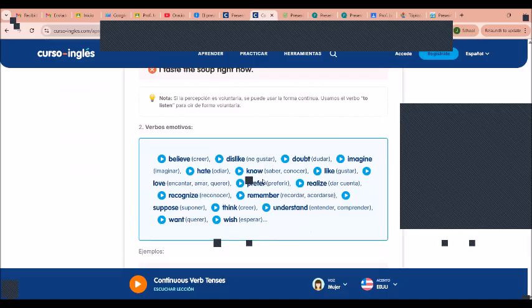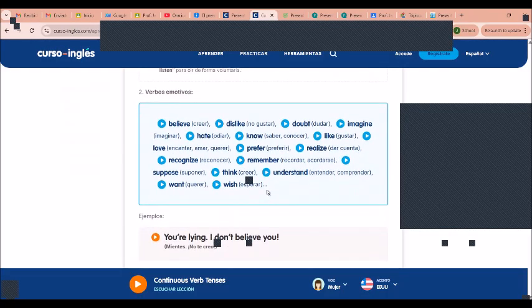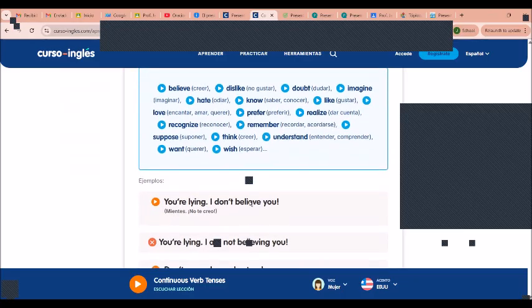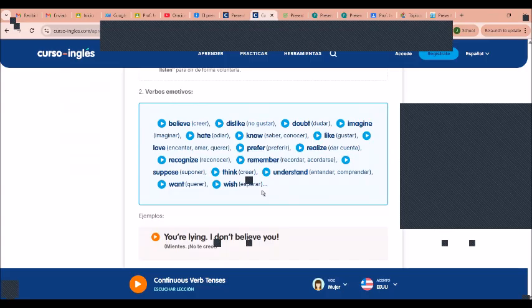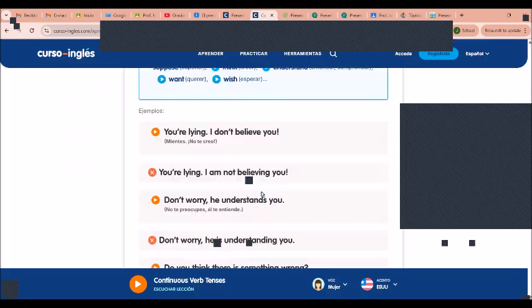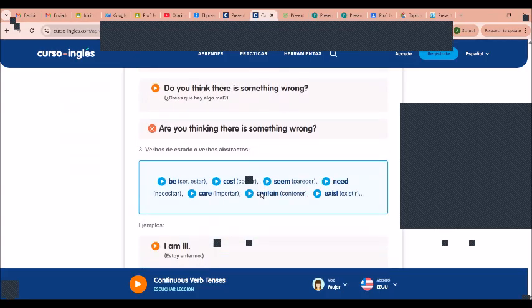Your emotions. Your emotions are usually evoked. You get a trigger and then you respond. All right, so generally, you're not using these emotive verbs in ing. When it comes to abstract, this is also true.